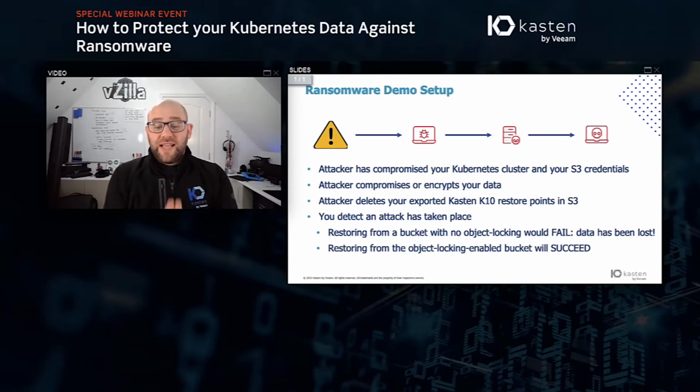And then the attacker deletes your exported Kasten K10 restore points in S3. Now, don't worry, we're obviously going to show you how that hasn't affected our recovery options. But the important thing to take away from this next demo is that if we were wanting to do this from a bucket that didn't have object lock, where a customer had been compromised from a Kubernetes cluster point of view and their S3 credentials were taken, then that data has been lost.